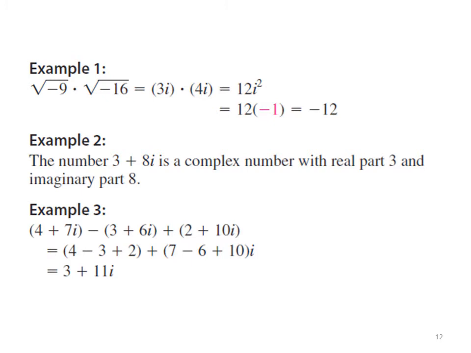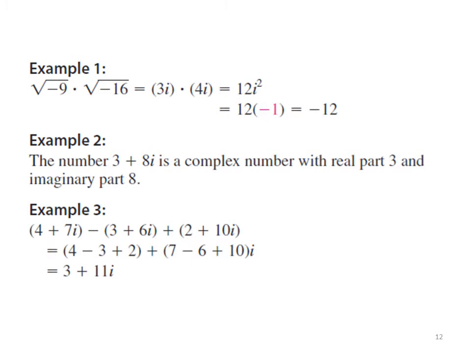Here is an example of a complex number written in the standard format. If you write 3 plus 8i, this is a complex number. The real part is just 3, and the imaginary part is equal to 8. And here is an expression involving adding and subtracting complex numbers.